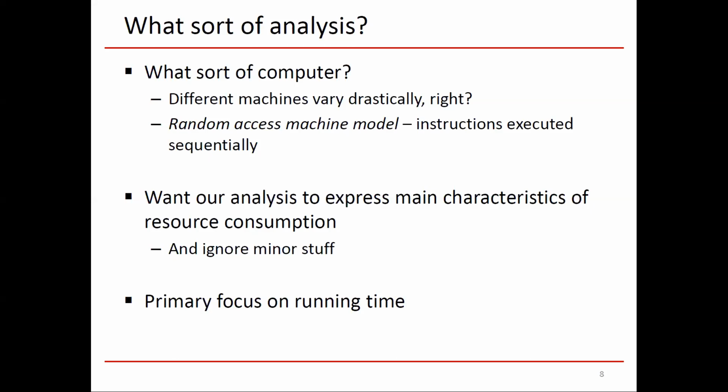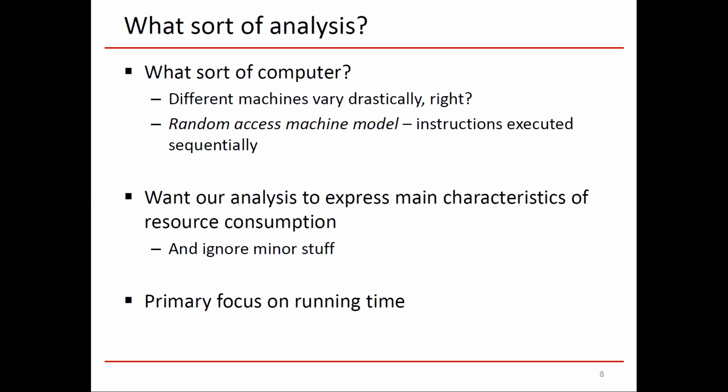So different machines in terms of their speed could vary by many orders of magnitude, but we're going to analyze what's called a random access machine model. The instructions are going to be executed one by one, and you have memory that you can access at any location. That's called random access to a random location.